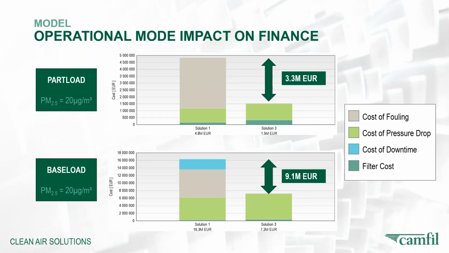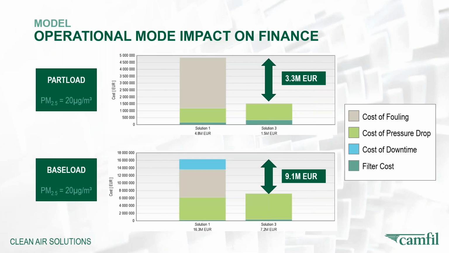If we then look at a model that deals with the operation, we're going to take the same site conditions, but we're going to evaluate a part load versus base load. You can see that solution one has a life cycle cost of 4.8 million euro, but upgrading to a more efficient filtration system is going to bring that LCC over time down to 1.5.